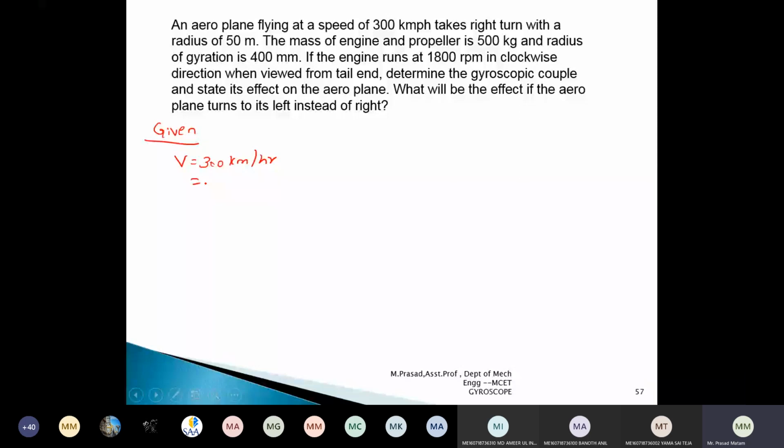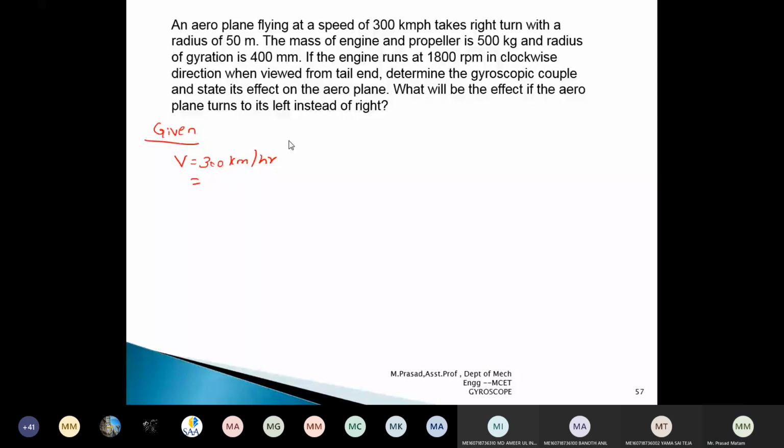Can anyone answer this velocity? What is the answer we are getting, in meters per second? Convert 300 kilometer per hour into meters per second.